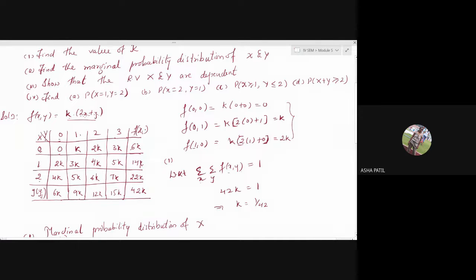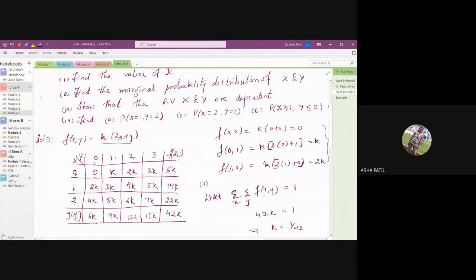X is 1, here it is, and y is 2, here you have. So, come to that column and that row correspondingly, see what value you get. So, x1 and y2, we have to move like this, and this is the value that you get, 4K. That means it is 4 by 42.